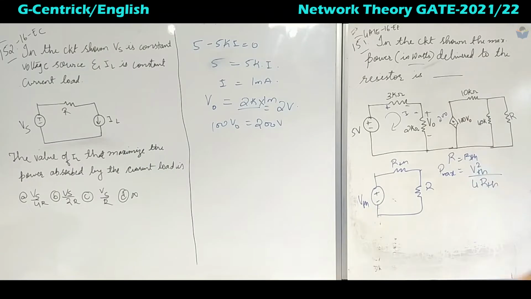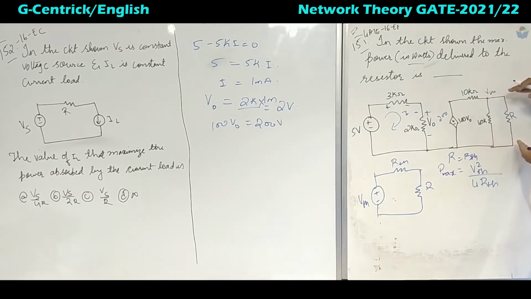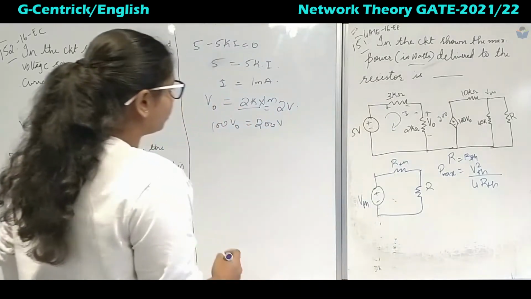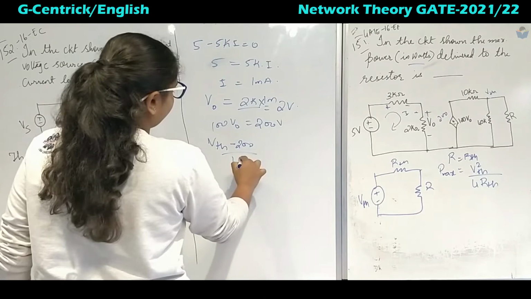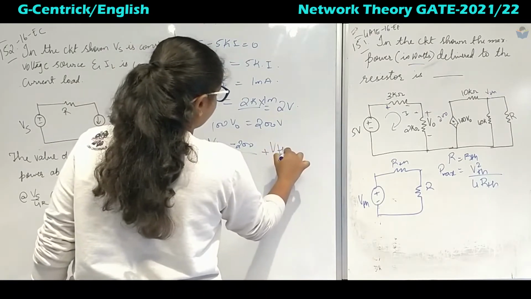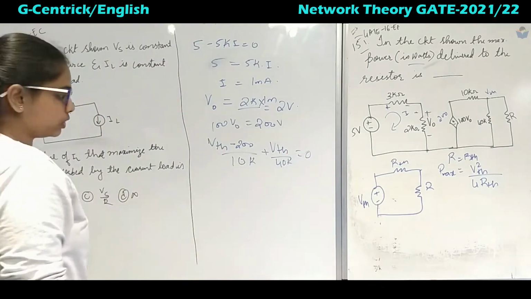Now either you can apply KVL, the voltage division rule, or nodal analysis. If I use nodal analysis, this node is nothing but VTH. By the voltage division rule, the same voltage will appear across R, that is VTH. So through nodal analysis: VTH minus 200 divided by 10 kilo plus VTH divided by 40 kilo equals 0.